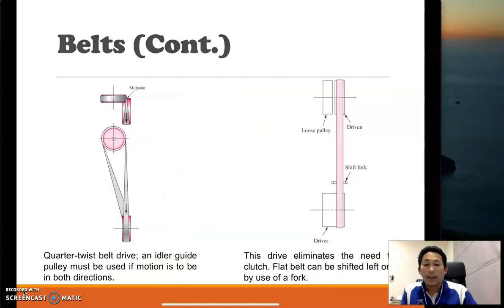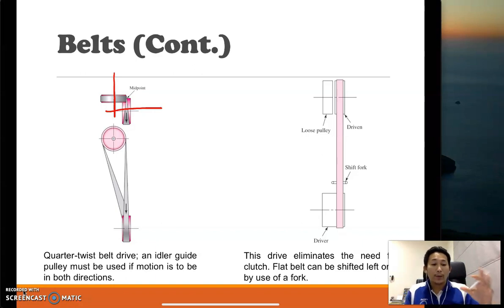Okay, this is a quarter twist belt drive. An idler guide pulley must be used if motion is to be in both directions. This is an example of the flat belts that we use, that we can change. This is our shaft for the driver or driven, and we have 90 degrees.